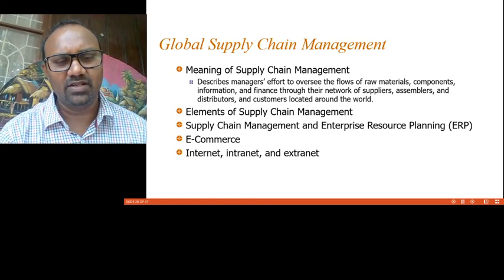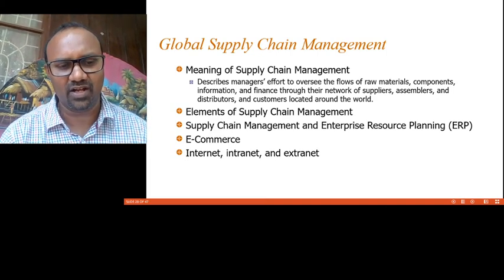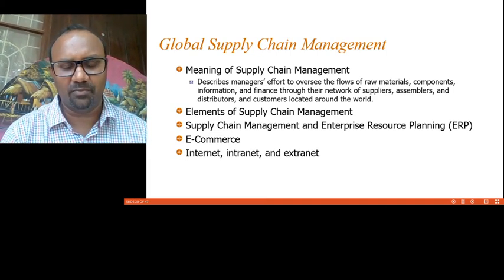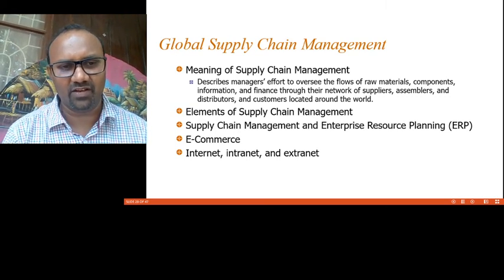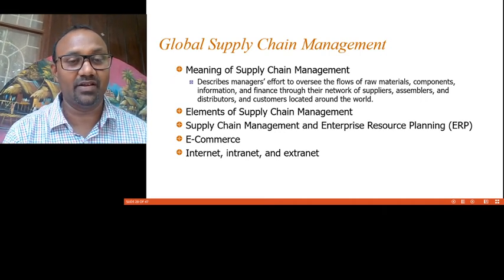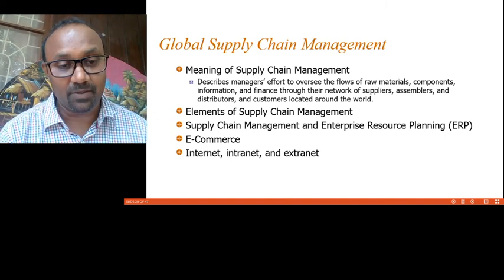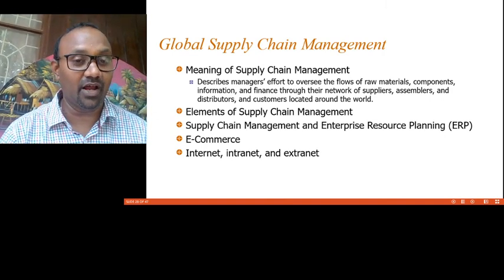ERP is a software that enables us to very efficiently run the supply chain smoothly so that we are able to overcome any sort of bottlenecks that happen in supply and demand or wherever there is an information break. This becomes very important because you have multiple vendors who are coming on board, a network of vendors, network of suppliers, a network of supply chain operators coming on board and working together.